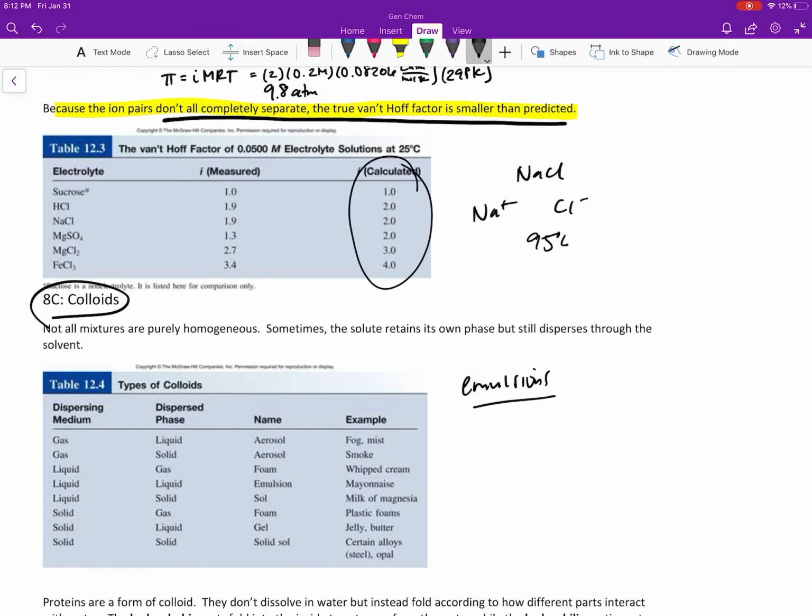They're not like trail mix where you can very easily pull out particles, but they're not exactly homogeneous. So things like milk, things like a muddy creek. If you stand in the creek and the silt rises up and it looks really muddy and cloudy, but then over time it could settle out. Those are things like suspensions. And so you need to go read about these mixtures that are not purely homogeneous, but don't quite qualify as heterogeneous. So another reading thing to make sure you do.